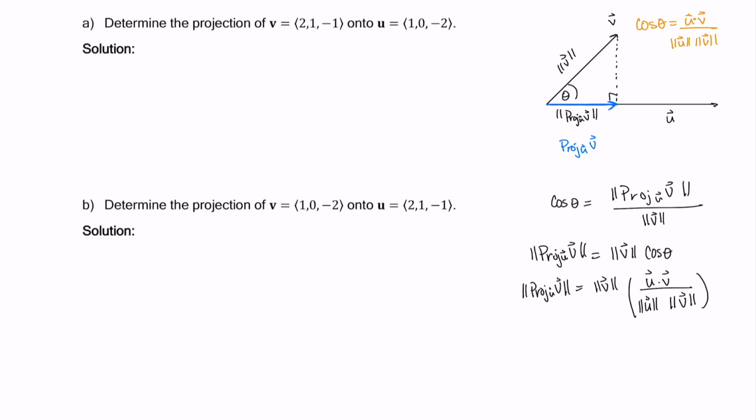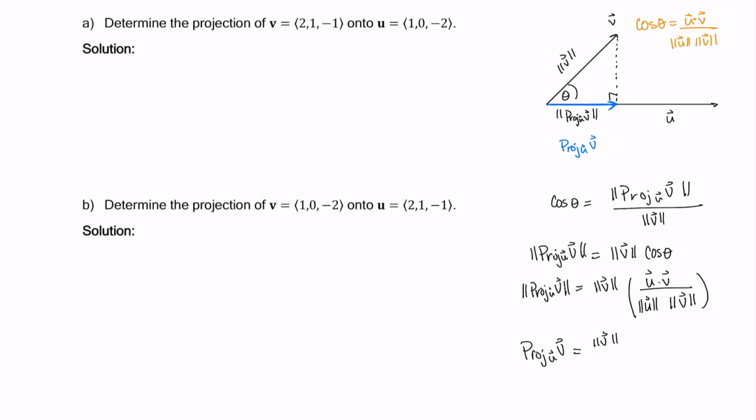Now, we don't want the magnitude of this. We want a vector, so let's go ahead and multiply by a unit vector in the direction of u. So in this direction, to get a unit vector, we just need to divide by the magnitude of u. So I have the magnitude of v, and I'm going to clean this up.